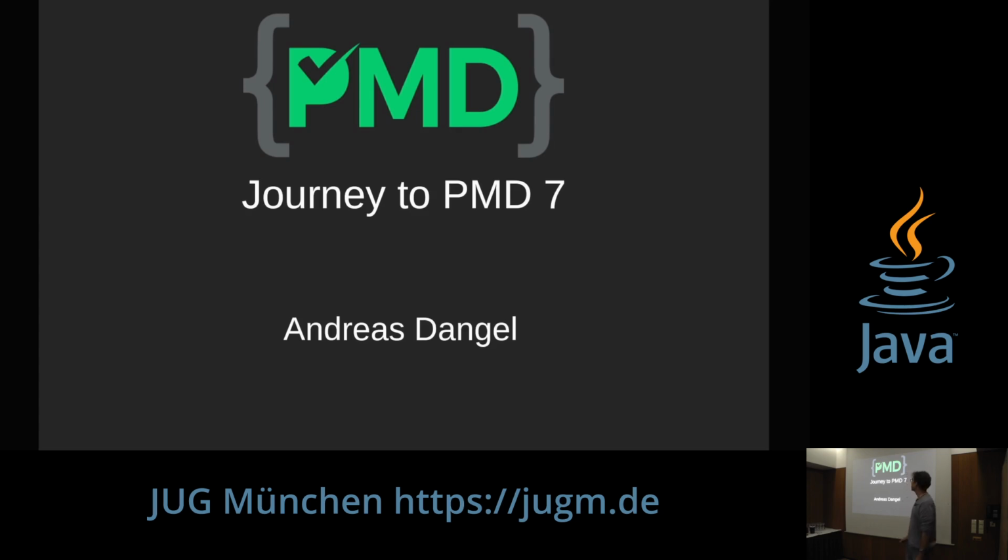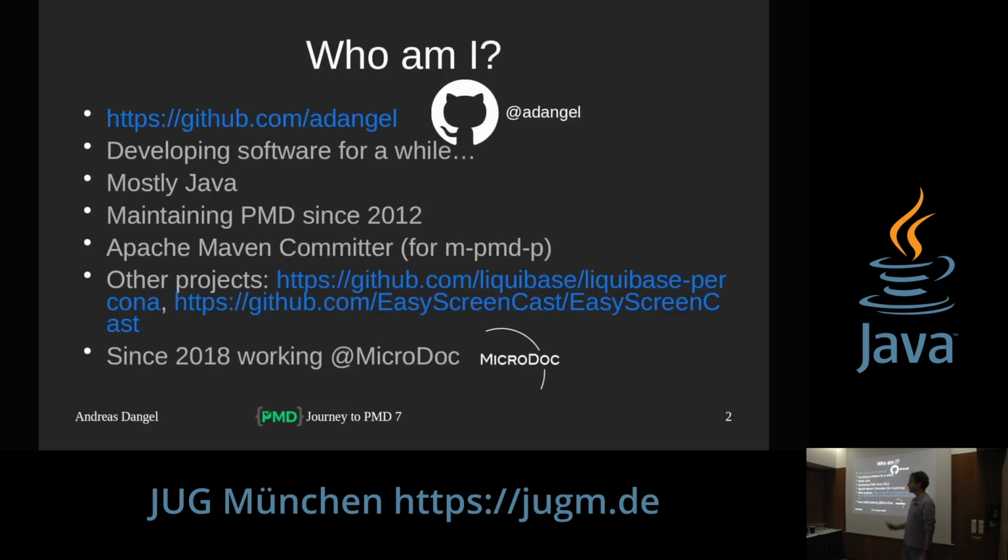First, one short note about myself. Here you can see my GitHub profile. I'm developing software for a while, many years now, mostly in Java. I had some projects done also in embedded.